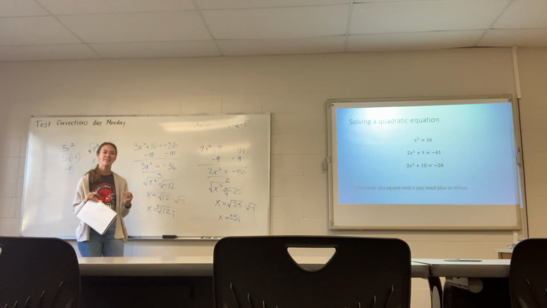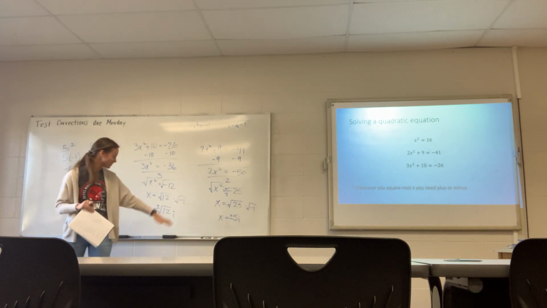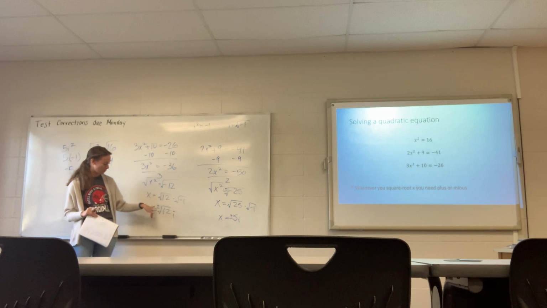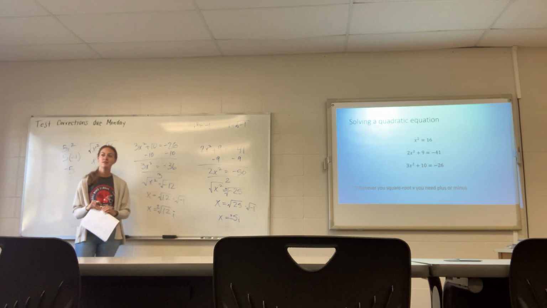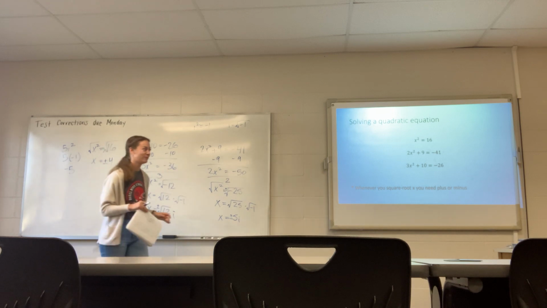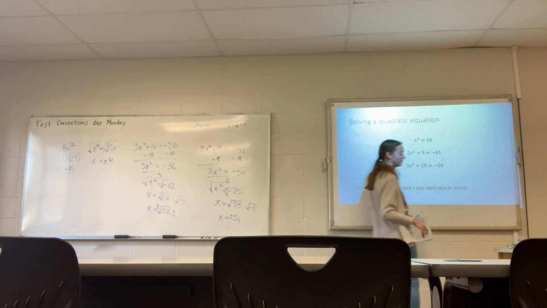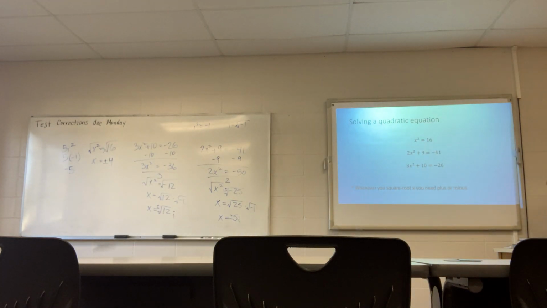Just continue working. Okay, so this one we should end up with our answer, so we have both the positive and the negative, square root of 12i. Even though it's a positive times a negative, it's not a positive times a negative anymore, because we switched out the square root of negative 1 for i, so we just swapped it.